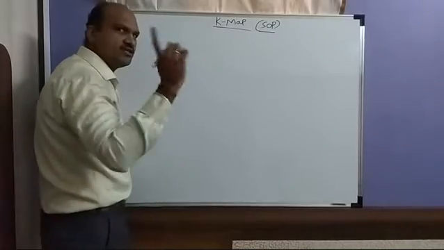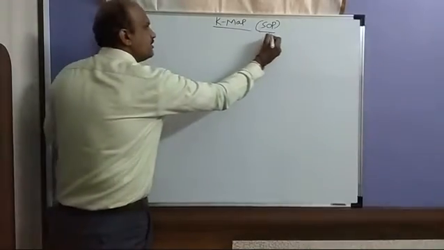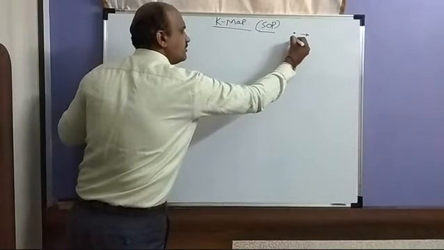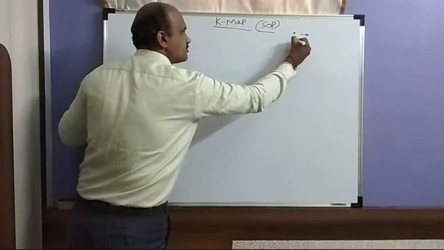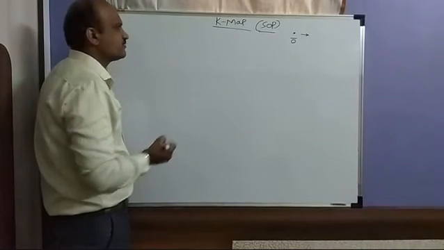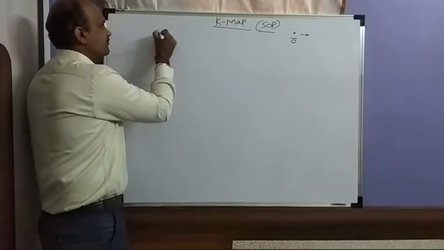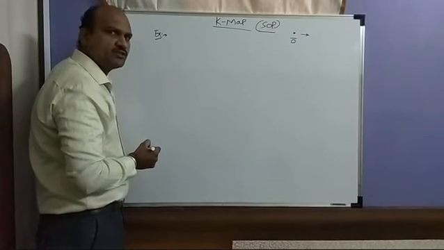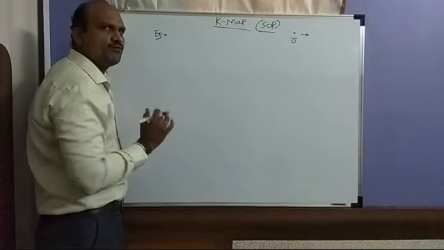As I told you, in the SOP you are using the multiplication symbol, and if it is 0, it becomes bar. These two you have to remember. Now the example for four variables. Four variables means 16 combinations, that is 0 to 15.